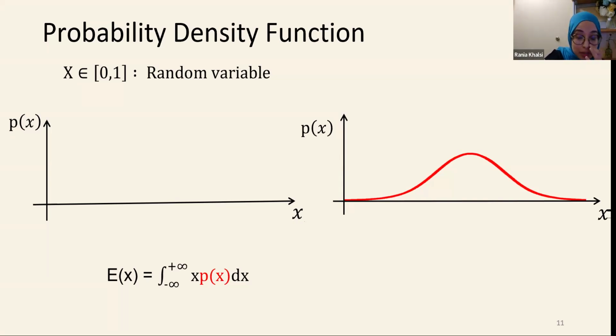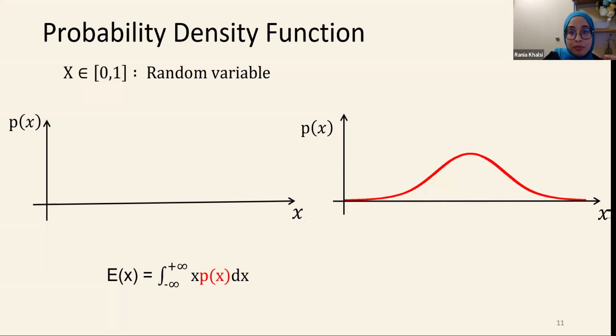When we say that we are going to work with random variables, we can assume that the data or the variables that we have are separated values, okay? So let's have a random variable x, and in our case, x is going to take any value between 0 and 1, okay?